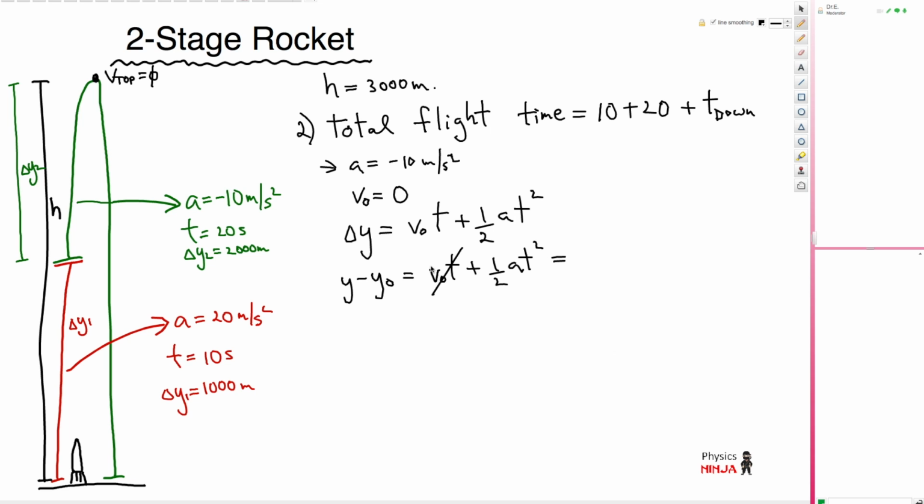Okay. So let's set the initial position to be 0 right here. Okay. And I know I'm going to be 3,000 meters below. Okay. So the way you write this expression then would be 3,000 below, and everything below is simply a negative number. Right? Things pointing down are negative. That's why I have negative 10 meters per second squared for the acceleration.